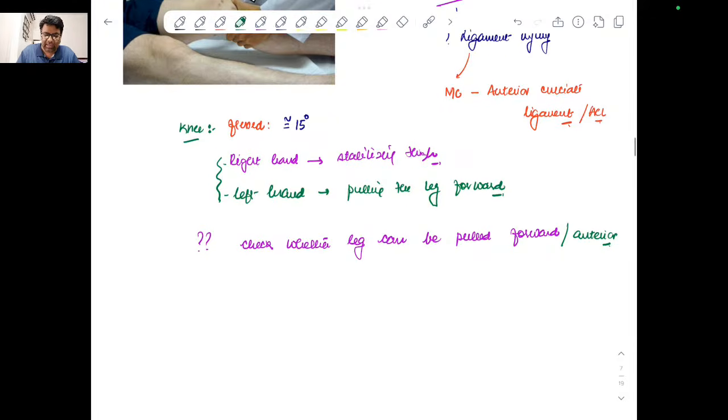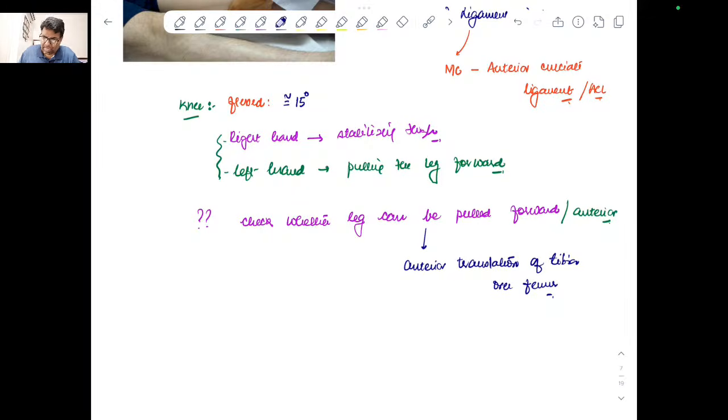So he is checking whether the leg can be pulled anteriorly, or in simpler words we call it anterior translation of tibia over femur.